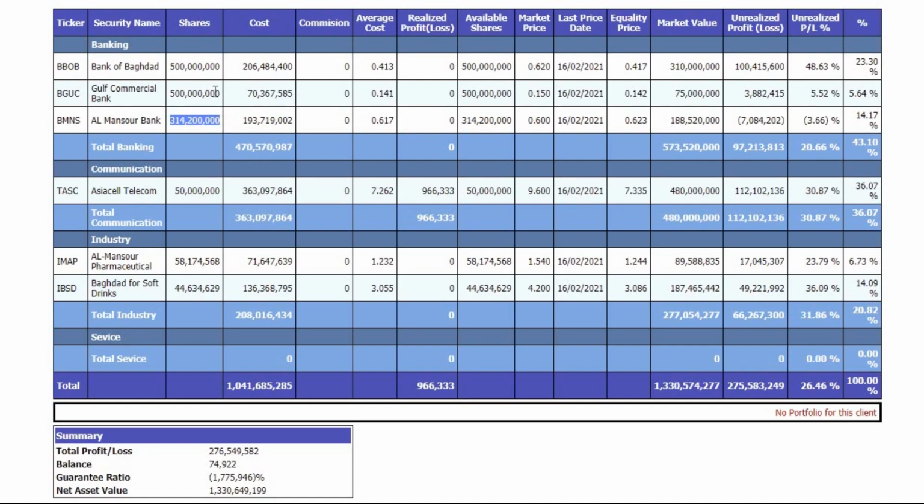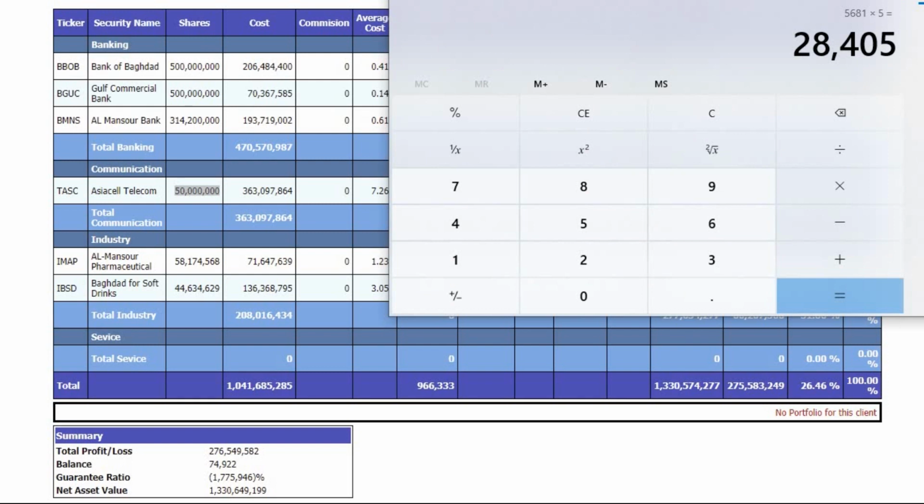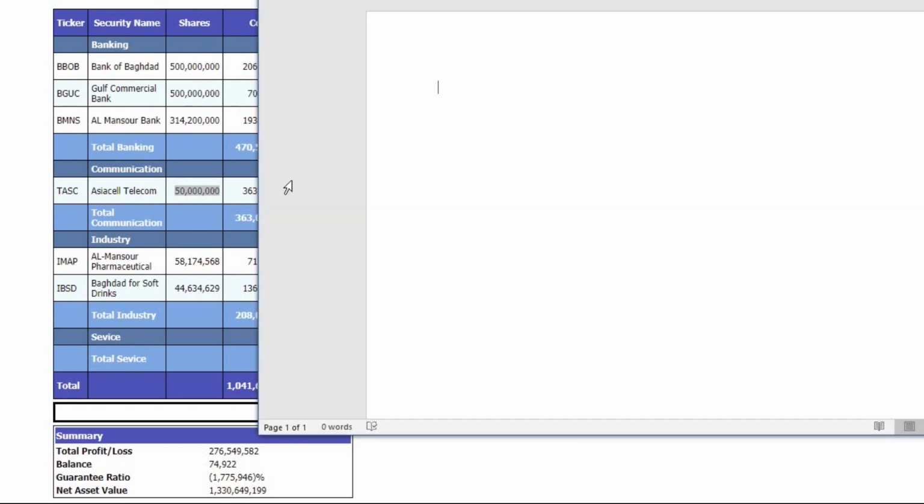What I may do, if these decide they aren't going to increase in value, if they're not a good growth stock and they're not paying out dividends, I may sell a chunk of them to get a stock that does pay good dividends. So we're going to have to play it by ear, but just know that Asia Cell will do well.